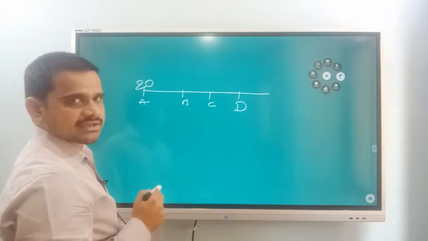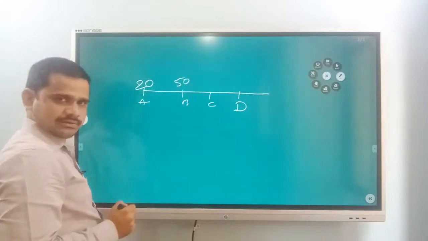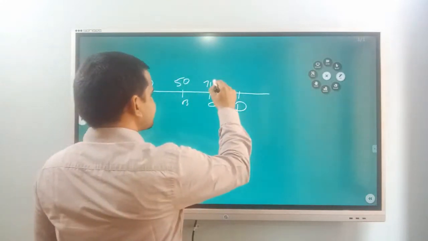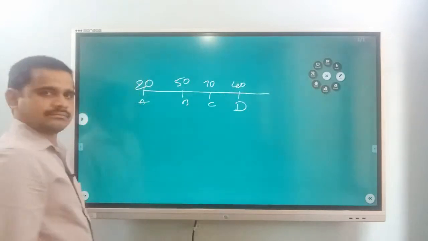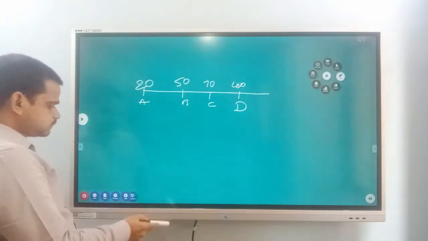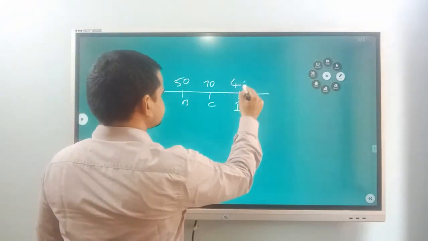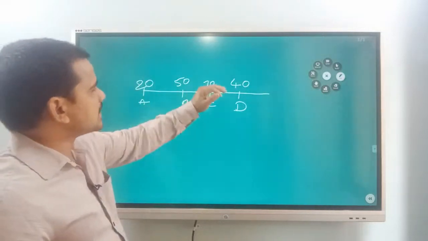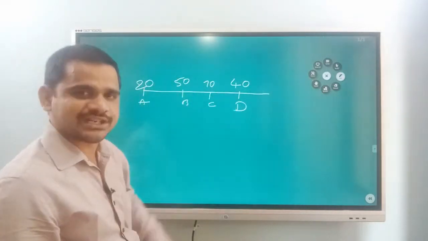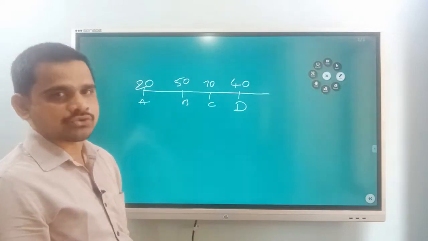When a cycle or bike is here, it is at 50 kilometers per hour, then 70 kilometers per hour, and at the point D, 40 kilometers per hour. Now when the body is going like this, its speed is not constant. It's a non-uniform motion.